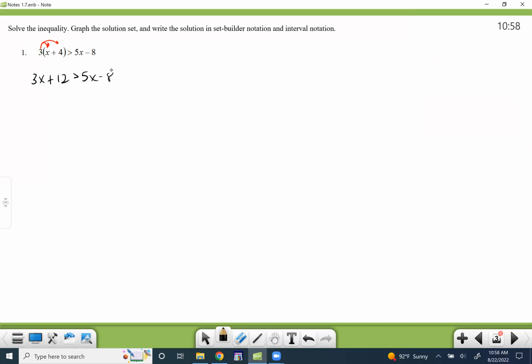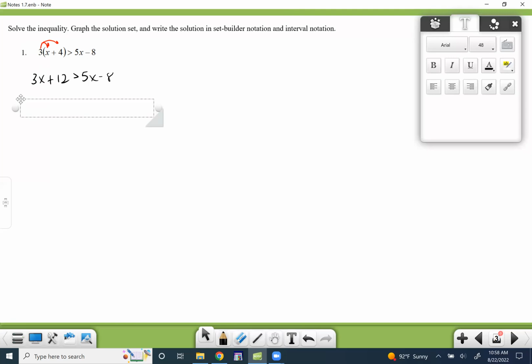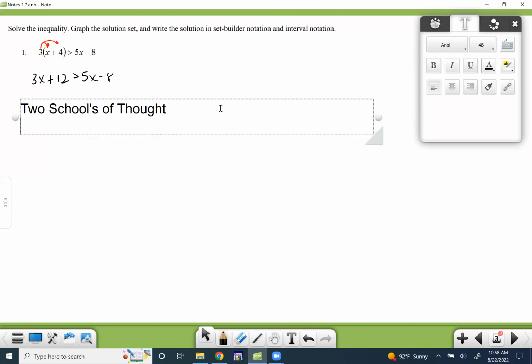Now, there's 2 schools of thought, and I really don't care what you use, you guys. I'm just going to point them both out so you can have a strategy and use that on all your problems, okay? So 2 schools of thought. Might be more, but no, there's not. 2 schools of thought. So the first way, method 1, is get the variable on the left.